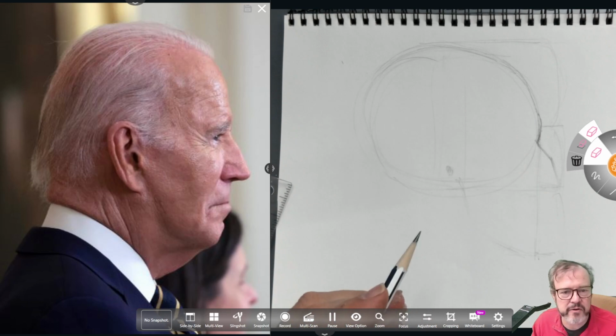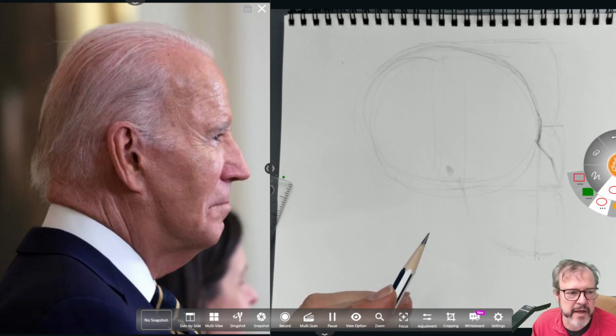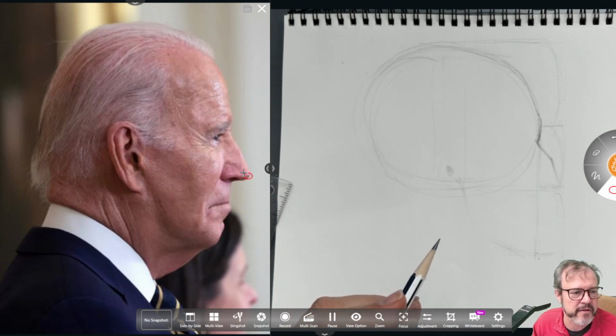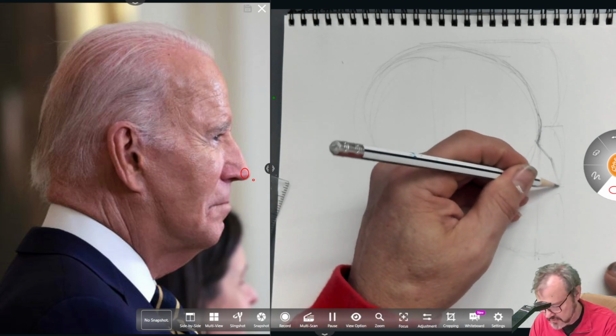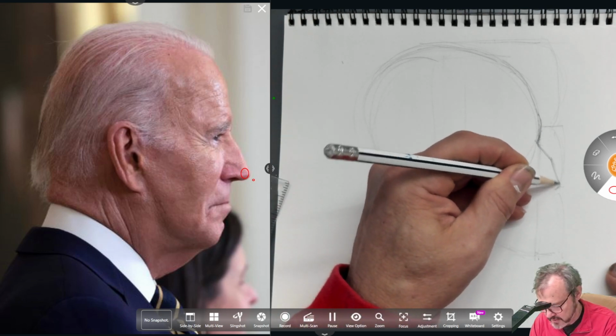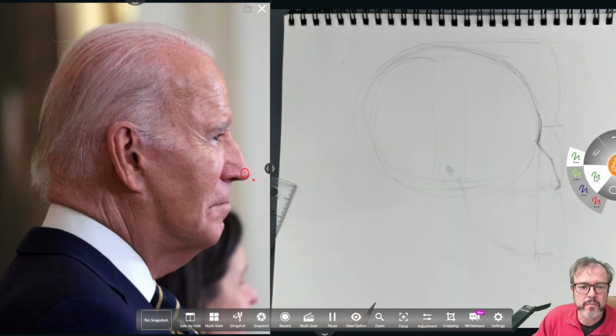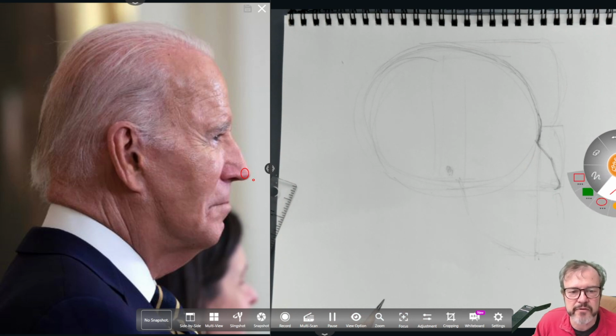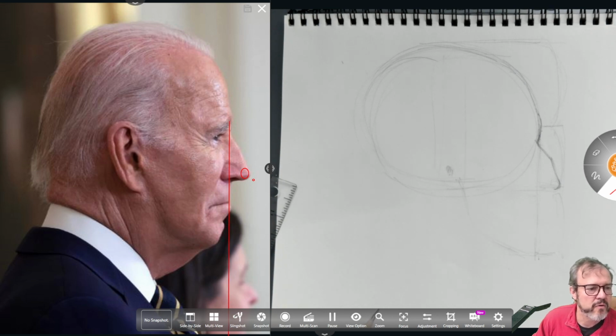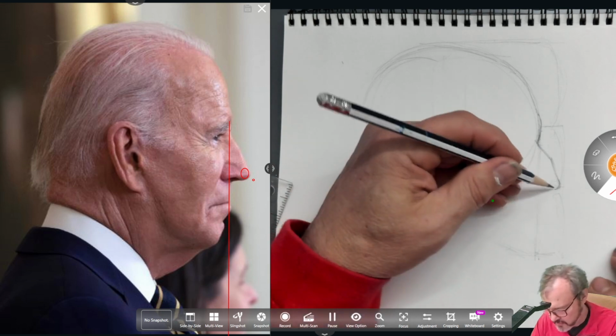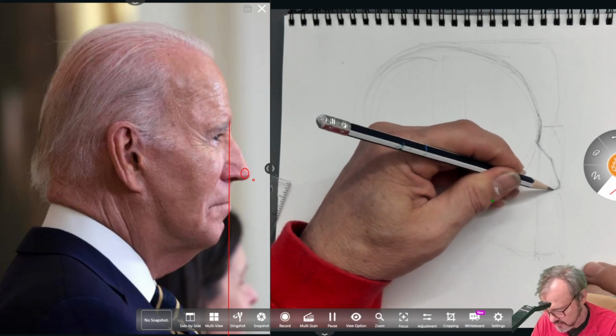Now we're going to look at the little radius of the tip of Biden's nose to try to make it the right amount of roundness. It's a relatively pointy nose, so we're going to make it a small radius. And we're going to drop a construction line down from the brow ridge straight down. And you can see that his philtrum is all the way back at the line of the face.